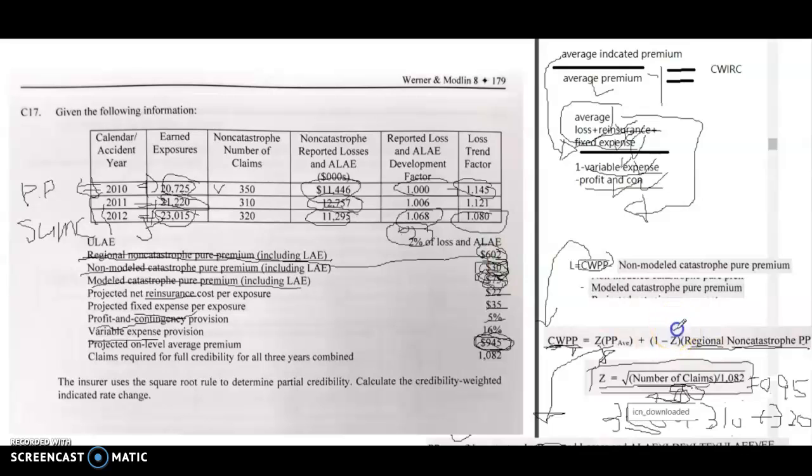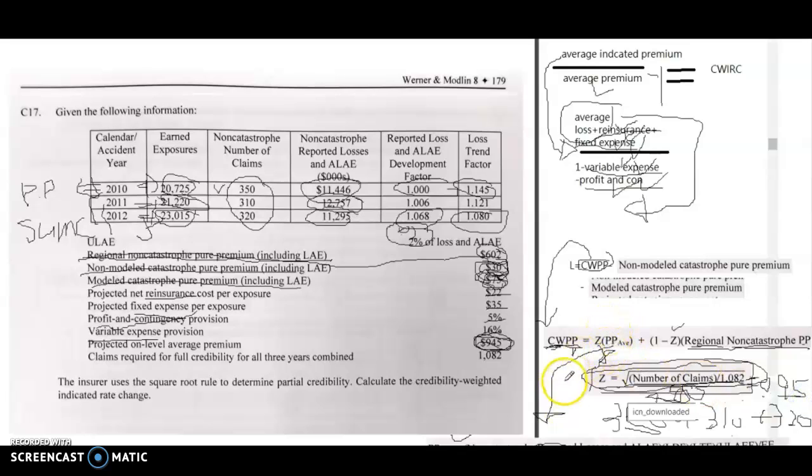And for the probability factor, the formula is here. The number of claims is the sum of the 3 years of claims, which is 350, 310, and 320. Summing these 3, we get the probability factor 0.95.